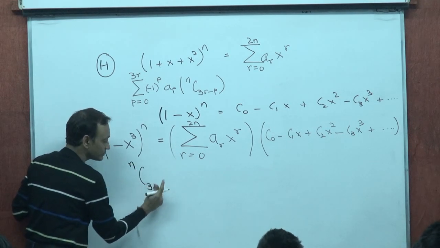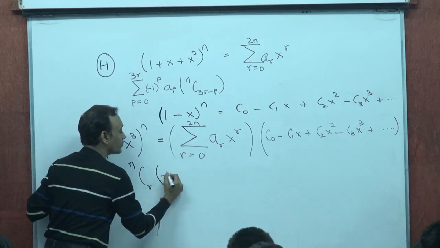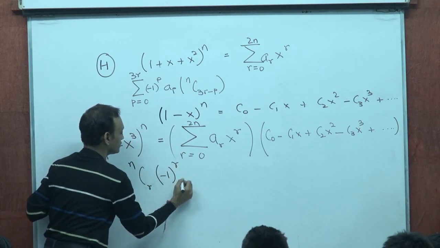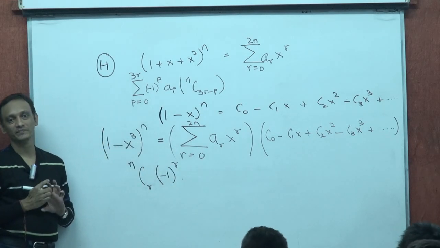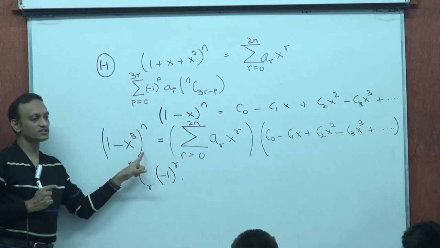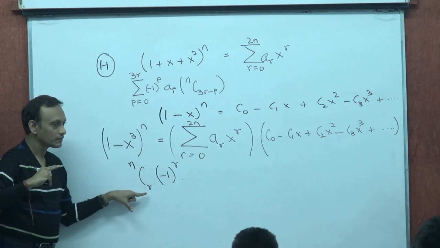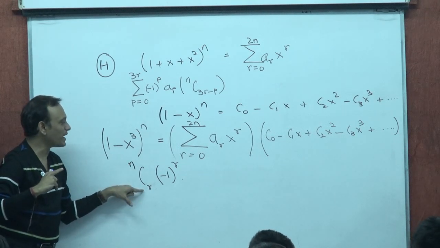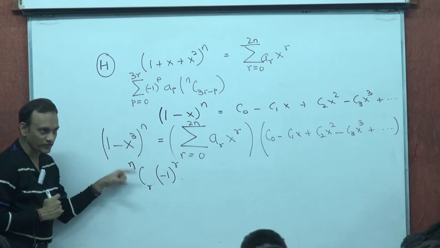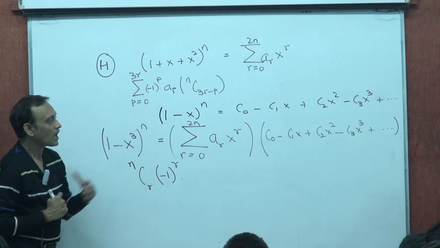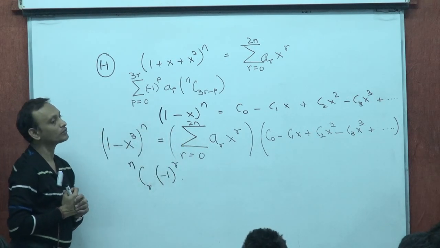It would be nCr (-1)^r, yes or no? Because (x^3)^r will give me x^(3r). So the coefficient of x^(3r) on the left hand side is this. And then the coefficient of x^(3r) on the right hand side.